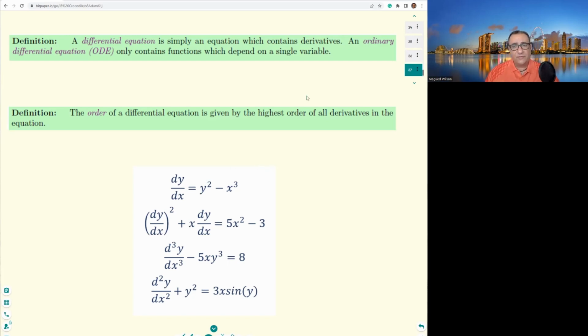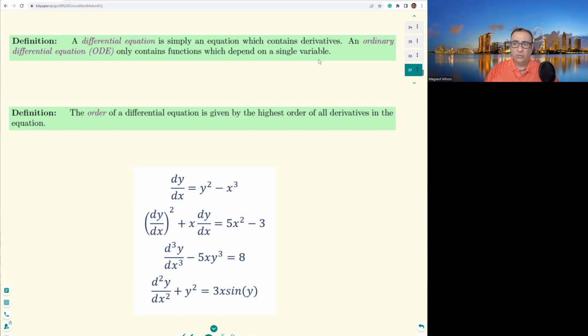Now, the second thing that we need to know: what is an ordinary differential equation, ODE? An ordinary differential equation only contains functions which depend on a single variable, which we'll actually see all the way until the end of the course for IB, MAA, HL.